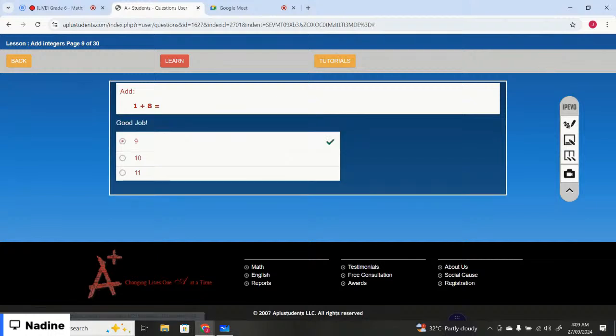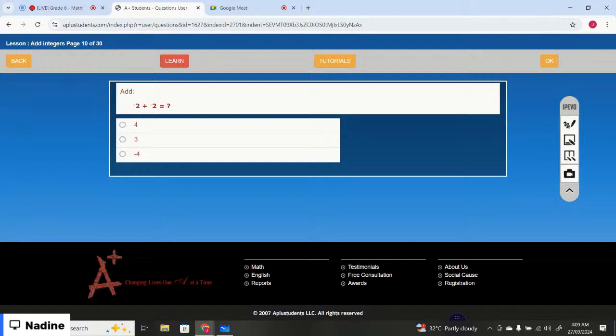Option number 1 is the correct option. The next one is negative 2 plus negative 2. You are adding two negative numbers, right? So which is the correct option?